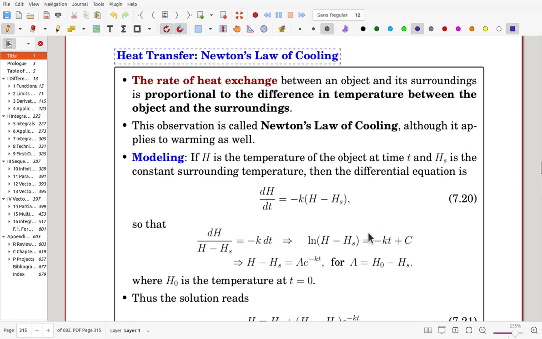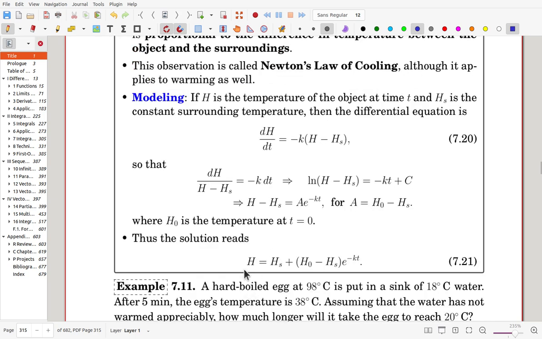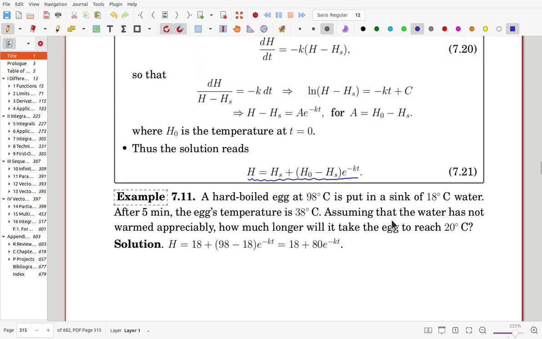And again, now we apply the exponential function, and here we recheck that model. So that is the solution for the heat transfer. Okay, now let's try to solve this example.